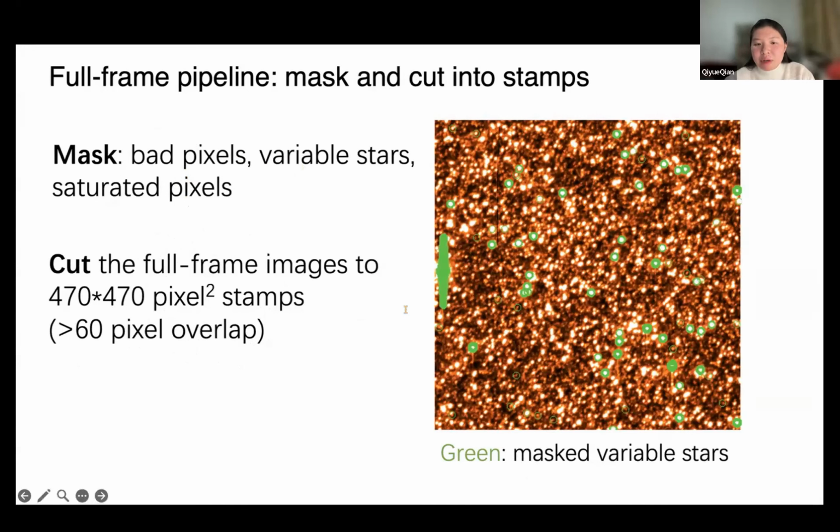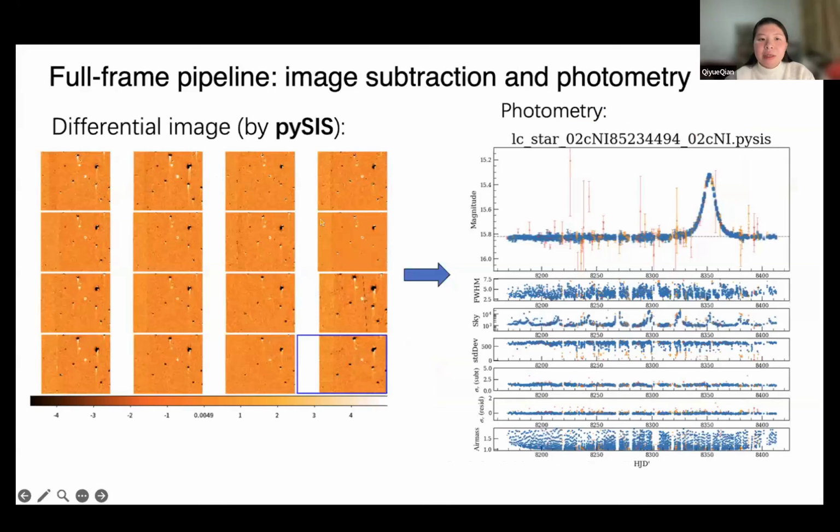And these stems will overlap at least 60 pixels to make sure the stars in the edge can be well processed at least once. And finally, we apply the pySIS on the stems to conduct the image subtraction and light curve extraction.